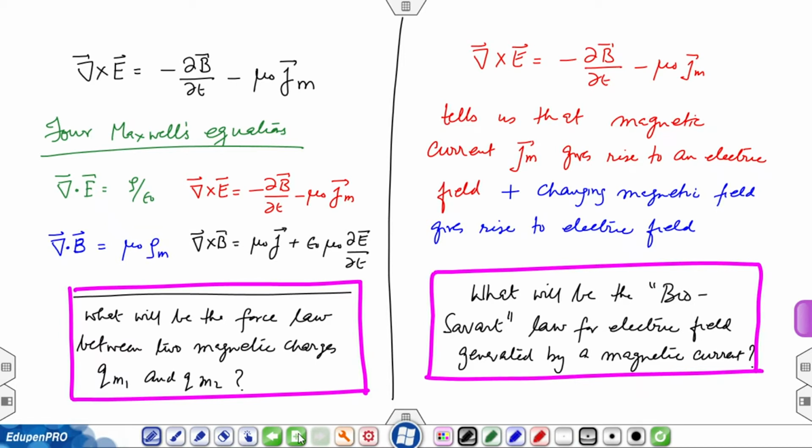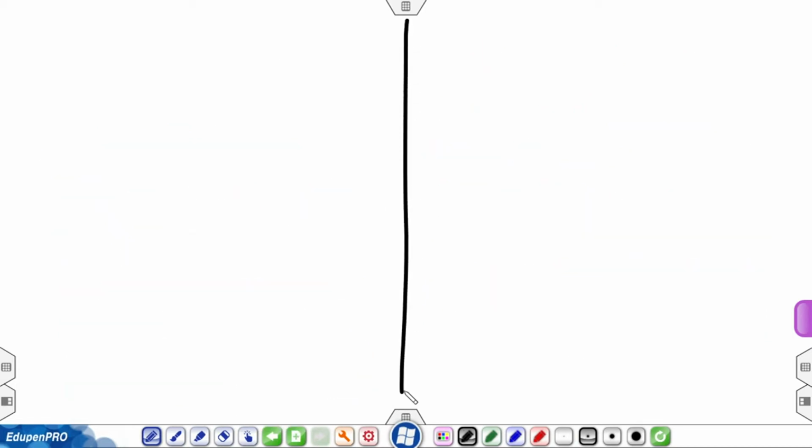Next question that we address is, what will be the Lorentz force on a magnetic charge?